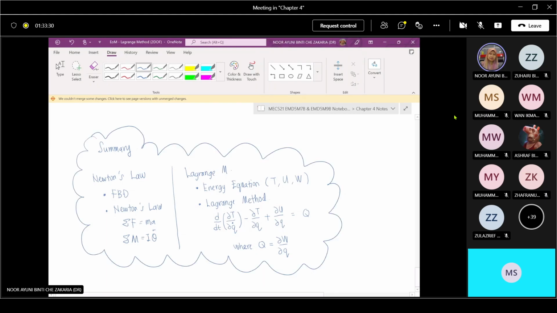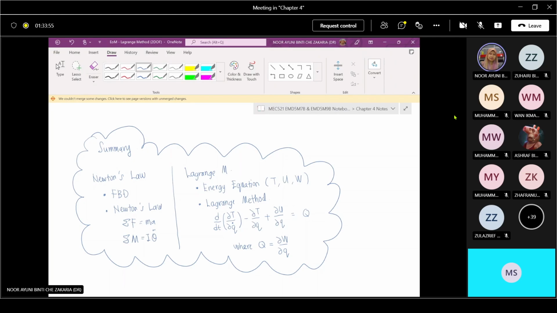Okay, so kita ada dalam 20 minit lagi. Saya nak bawa how to arrange the equation of motion that you have arranged into matrix. Right, this one is very fast. Senang saja. Melainkan you tak ingat matrix. Unless you don't remember how to build equation into matrices.